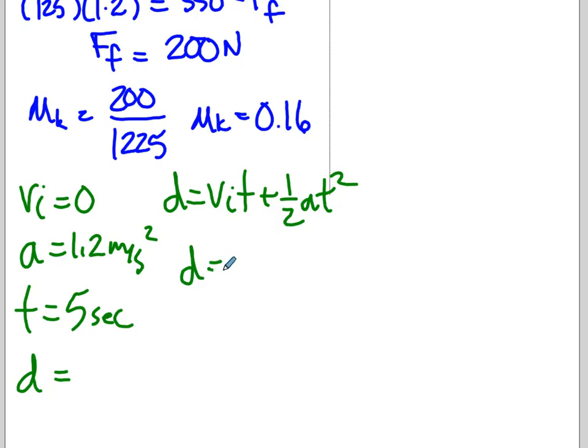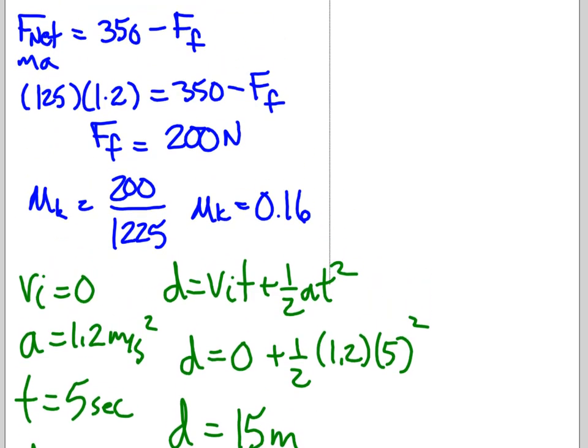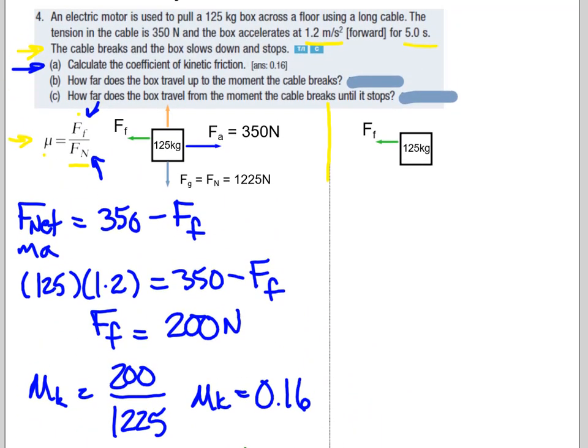So D equals 0 plus 1/2 times 1.2 times 5 squared, and we should get D equals 25 times 1.2 divided by 2 equals 15 meters. So the box should travel in that first 5 seconds about 15 meters. Let's just check in. There's the 15 meters.